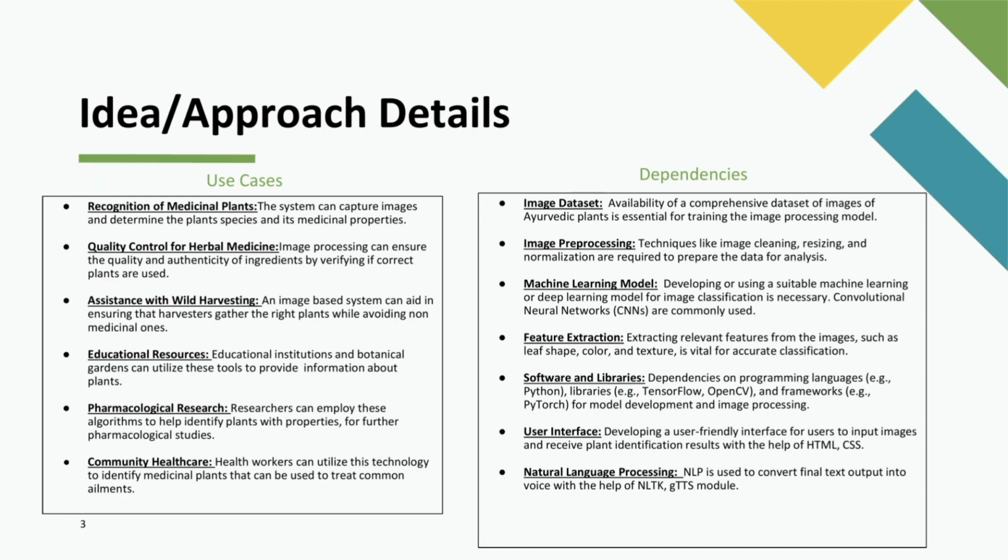Here, the comparison takes place with the help of OpenCV and TensorFlow. The dataset has a training set and a testing set. The training set is compared and trained using CNN, which is convolutional neural network, a deep learning algorithm.